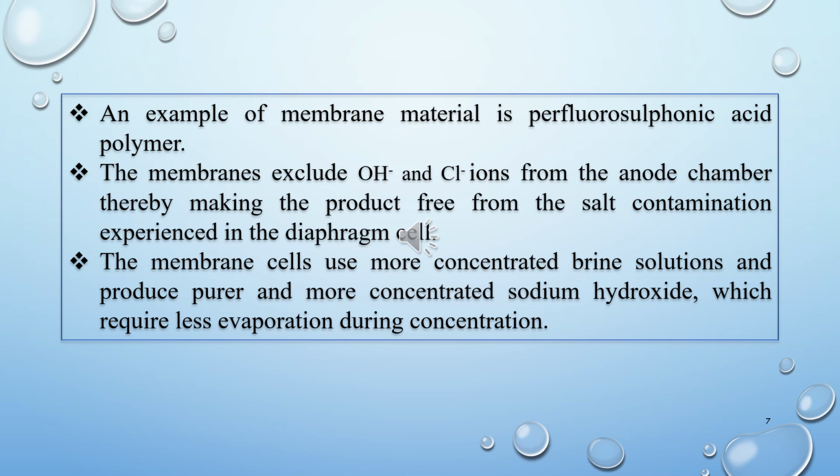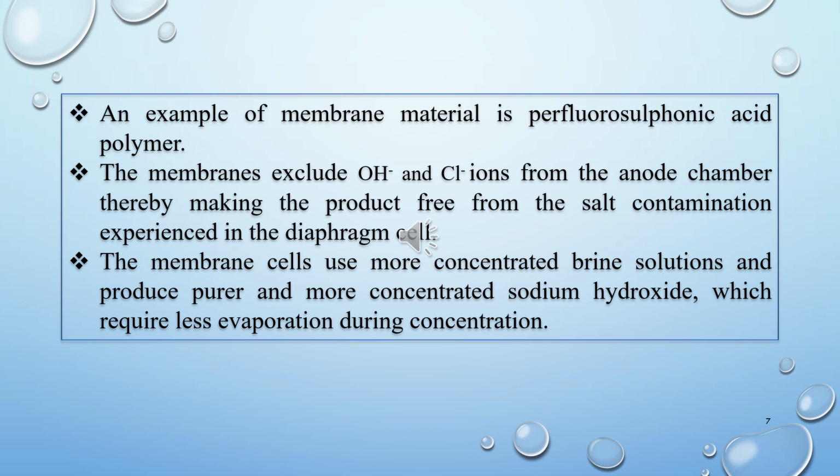An example of membrane material is perfluorosulfonic acid polymer. The membranes exclude hydroxyl ion and chloride ion from the anode chamber, thereby making the product free from the salt contamination experienced in the diaphragm cell.